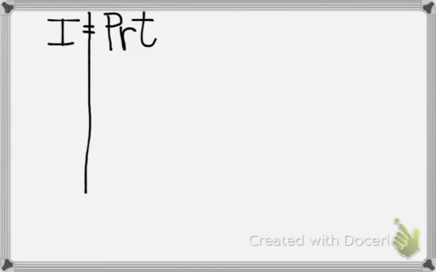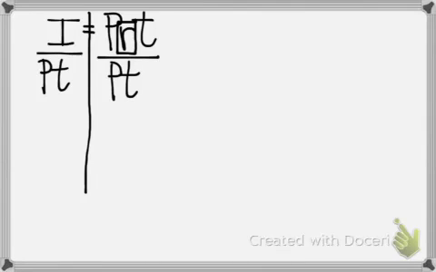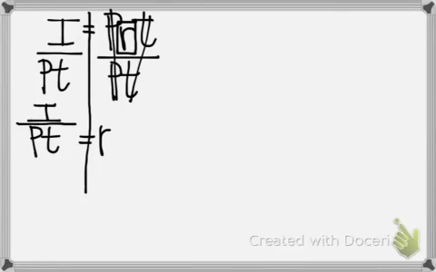We need to solve for R. P and T are being multiplied by R, so I'm going to undo that and divide both sides by PT. So R equals I over PT. Now we can move on to part B.